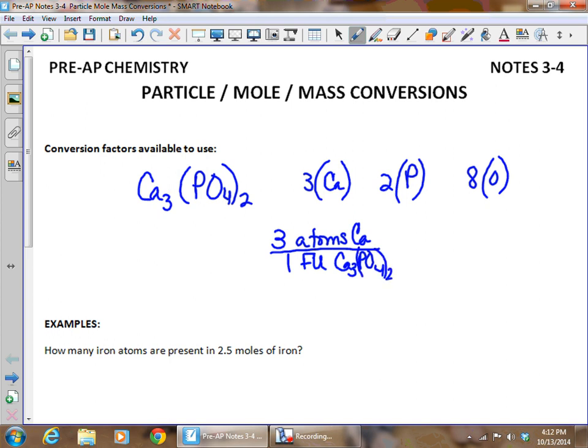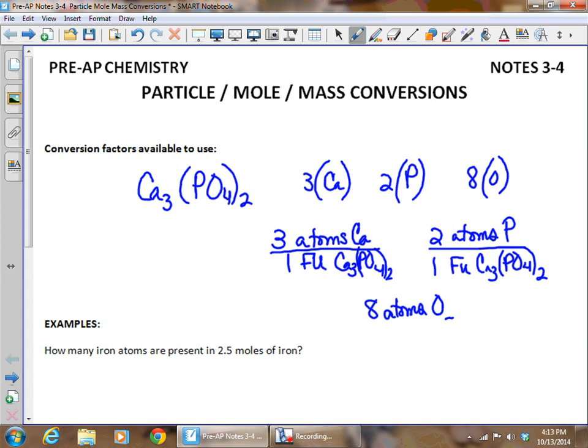We can say that there are 2 atoms of phosphorus for every 1 formula unit of calcium phosphate. And our final conversion factor could be that there are 8 atoms of oxygen for every 1 formula unit of calcium phosphate.